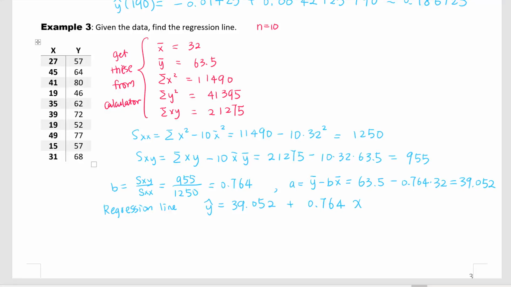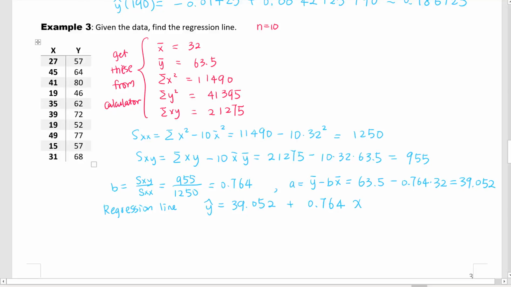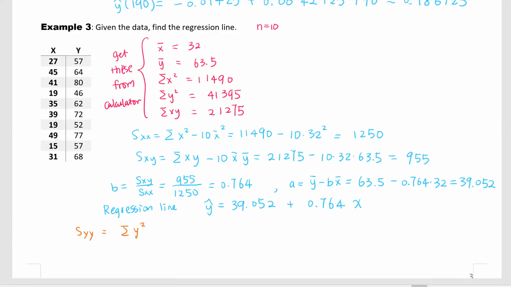Okay, so I want to ask you a question. What is the error sum of squares? To calculate it, we need SYY. That's sum of y squared minus 10 y bar squared. Sum of y squared is 41395, y bar is 63.5 squared.